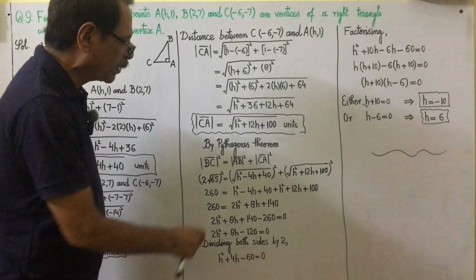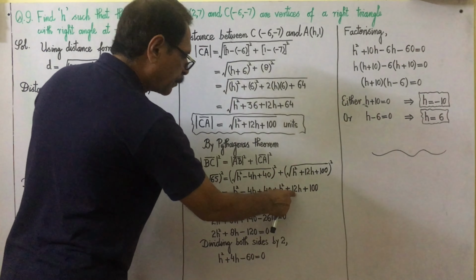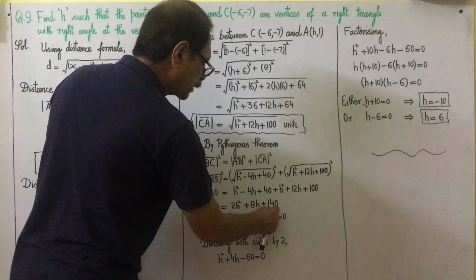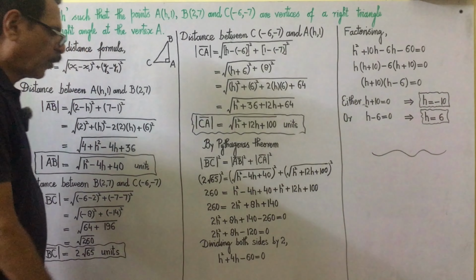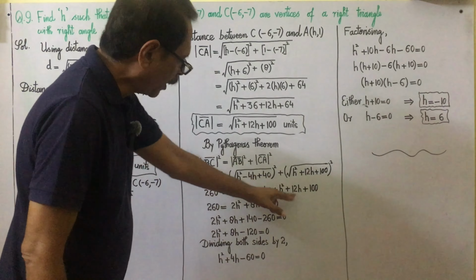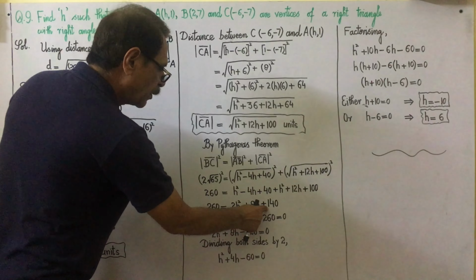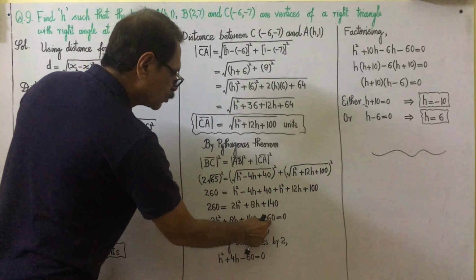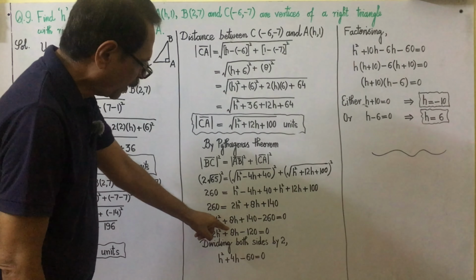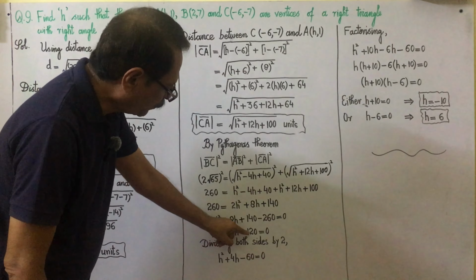260 is equal to, adding like terms, h square plus h square, 2h square, minus 4h plus 12h is plus 8h, plus 40 plus 100 is equal to plus 140. Transposing 260 to the right hand side, it will become 2h square plus 8h plus 140 minus 260 is equal to 0. 140 minus 260 is going to be minus 120.